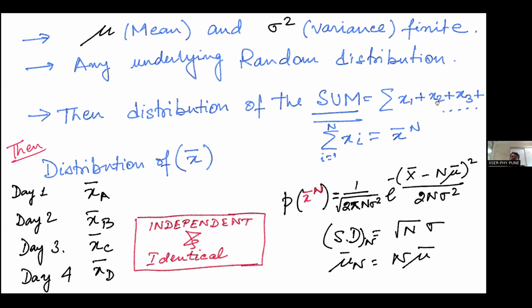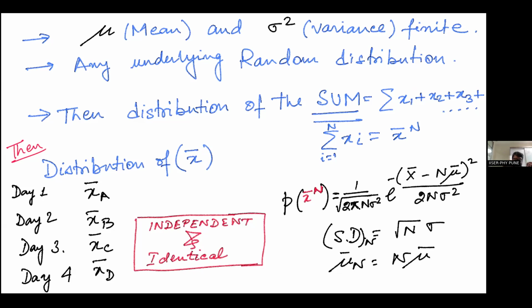And if you do a sum of random numbers where x1, x2, x3 can be any random number distribution, as long as the mean and variance are well defined, then the distribution of the sum. So for day one, if he finishes the random walk, the sum of all the random numbers, n steps, 10,000 steps, is a sum. Day two, you have another sum. Day three, you have another sum.